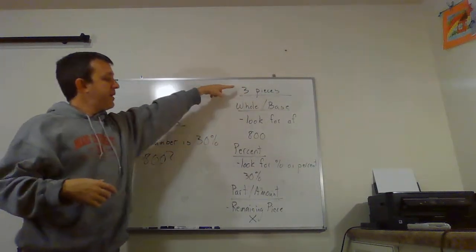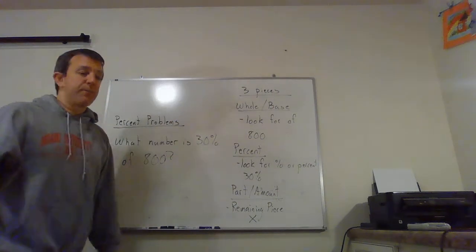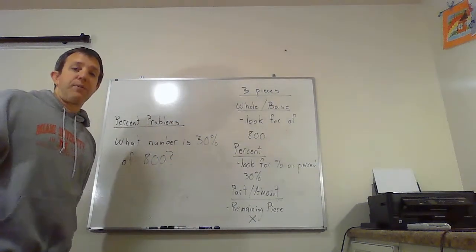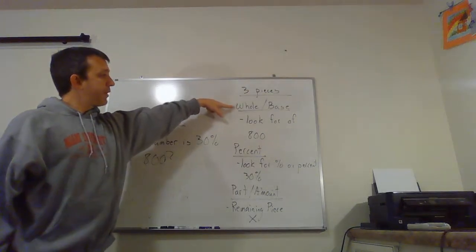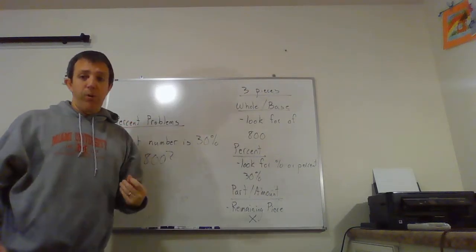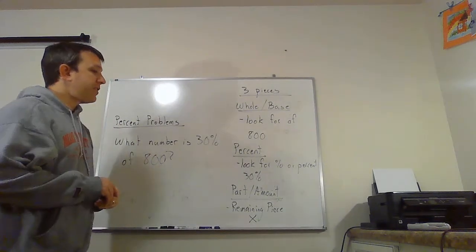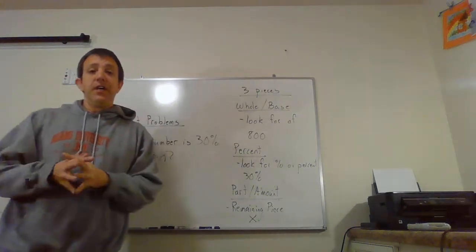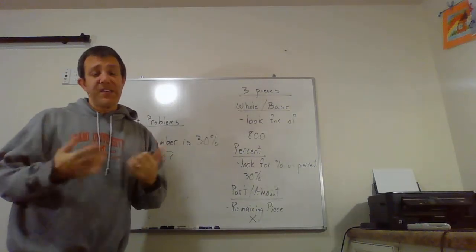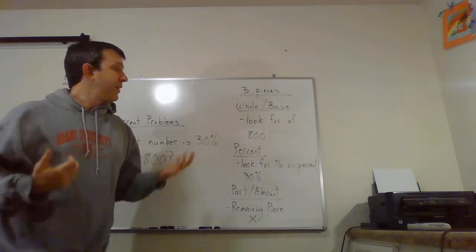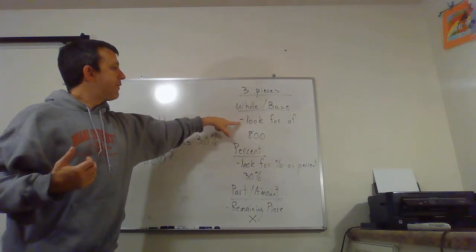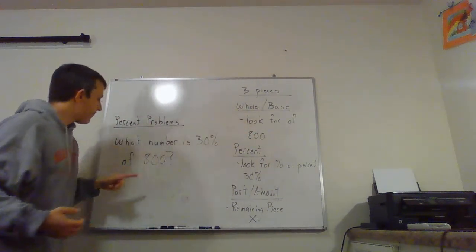We are looking for three pieces when we try to set up these problems. I haven't set up the problem yet, and we'll see that on the next board. The first piece is what's called either the whole or the base. This is the number that something is out of, or if you're doing a sales tax problem, it would be the total that you paid before the tax. What we're looking for is the word of.